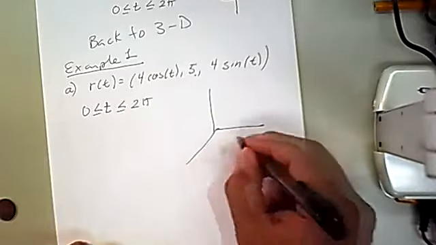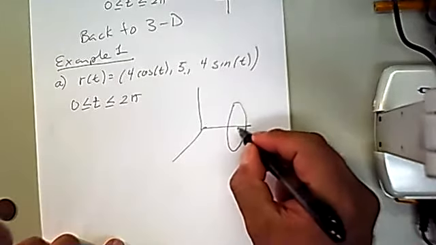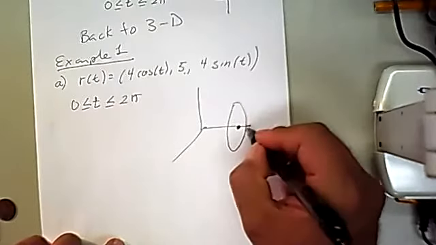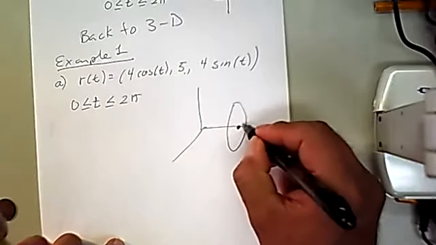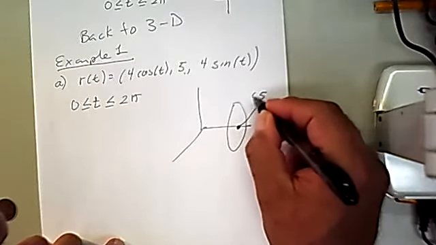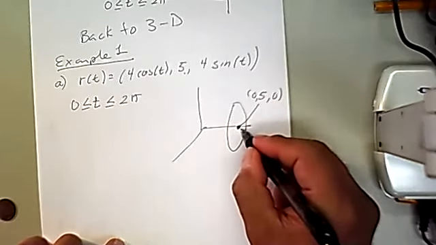So we have a circle where the center of the circle is at 0, 5, 0. So let me put an arrow. 0, 5, 0 is the center of the circle.